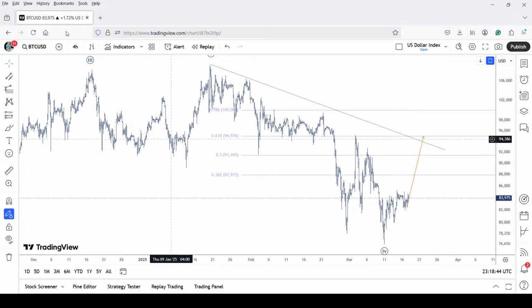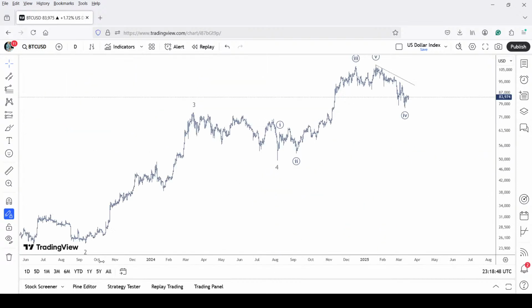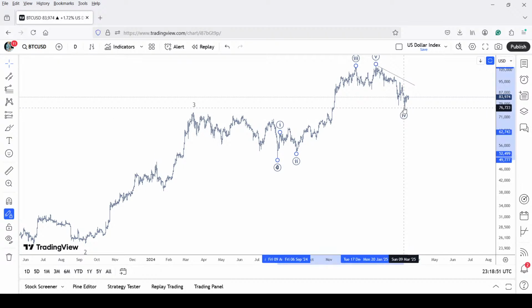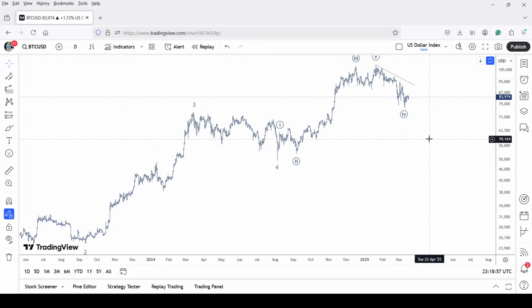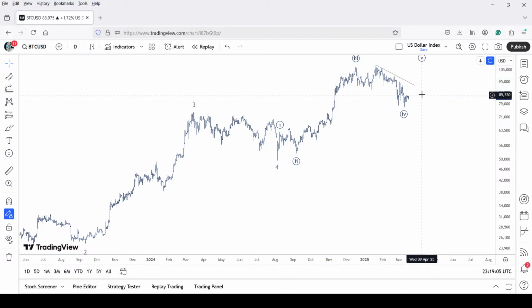But we have adjusted the wave counts. If you have noticed, we have adjusted the wave counts from minute wave 4 being pushed from that price to this price, and possibly we might have still gotten minute wave 5 to print higher. We are just taking our chance to relabel.